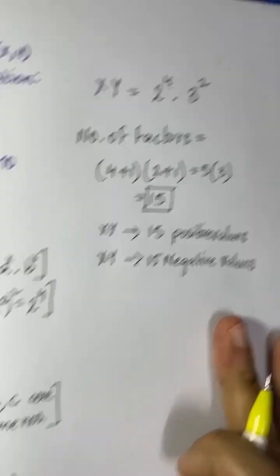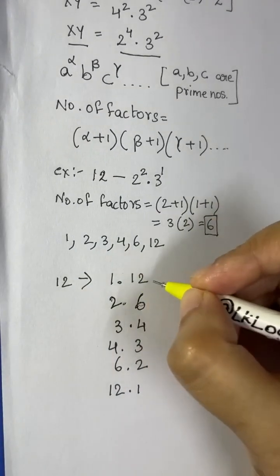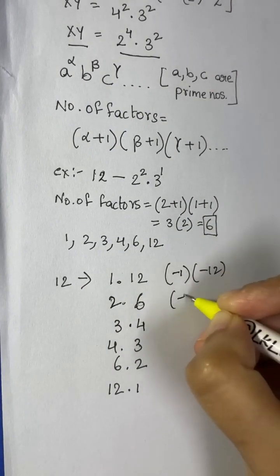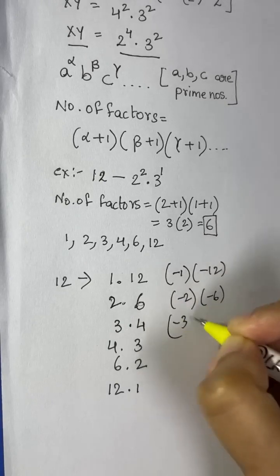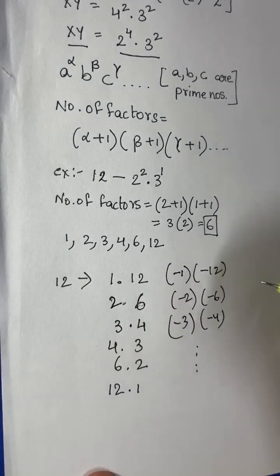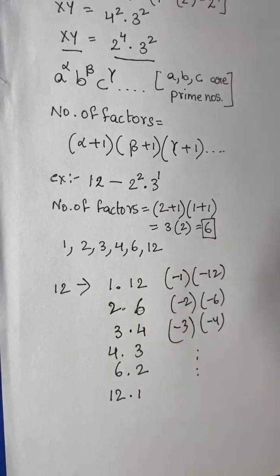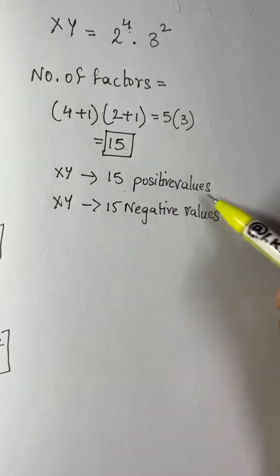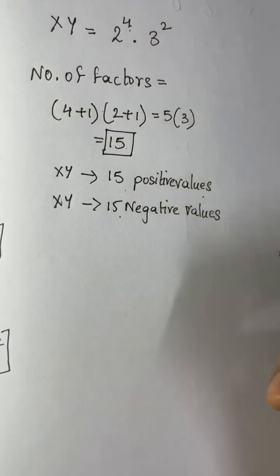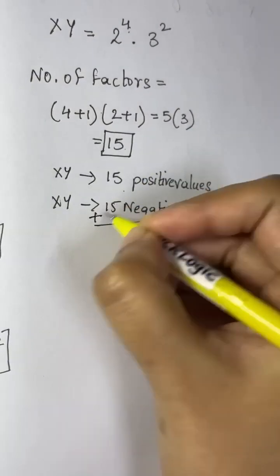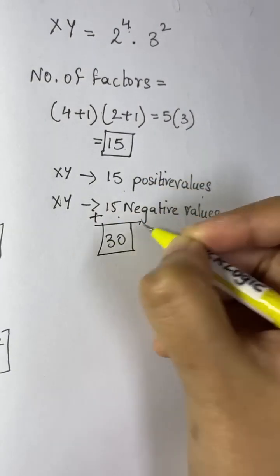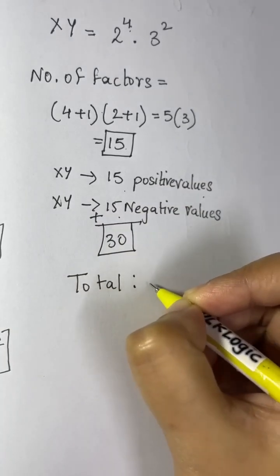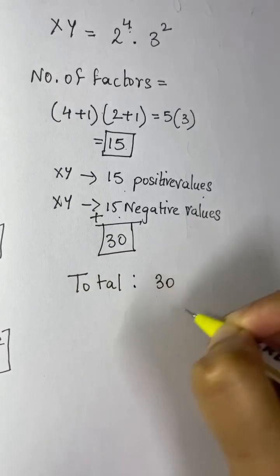Like how you have 1 times 12, the other pair is -1, -12, then -2, -6, -3, and -4, and so on. Like this, 6 positive factors, 6 negative factors. So here we have 15 positive values and 15 negative values. So in total, 15 plus 15 is 30. You can have 30 ordered pairs.